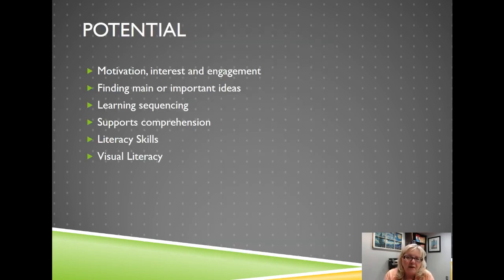So graphic novels have a lot of potential for engaging students. They provide motivation to read, interest, because the pictures are so engaging, and there's a feeling that there's less text, even though it's really important to realize that there's a lot more going on than just reading a sentence, that there's so much more imagination and reading of visuals, and we'll talk a little bit about visual literacy in a second, going on when they're reading these graphic novels.